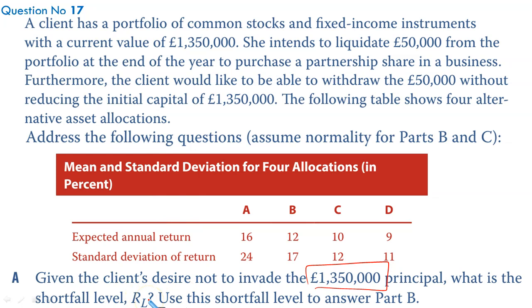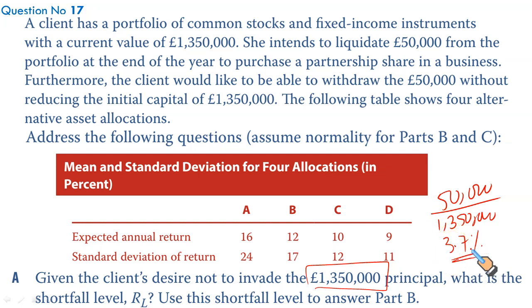the threshold return. She needs at least 50,000 out of the investment she has made of 1.35 million. If you calculate what percentage 50 is of 1,350, it's going to be 3.7%. This is the minimum return she needs.